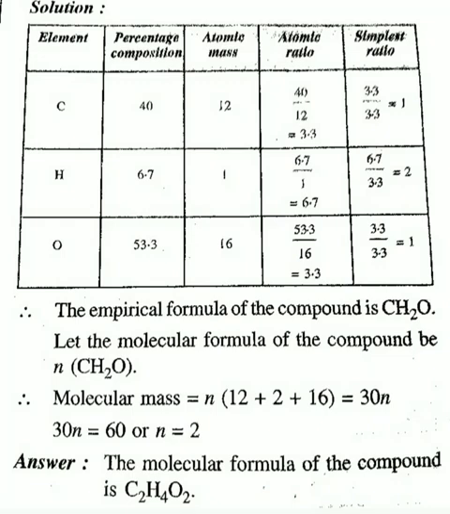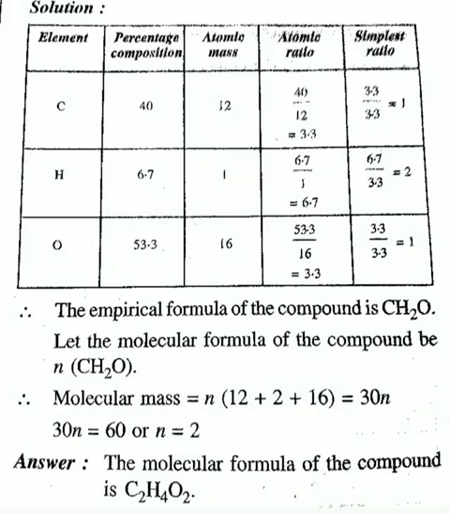So here you have to find the smallest number, and the smallest number is 3.3. Carbon 3.3 and oxygen also 3.3. Then you have to divide each number by 3.3. So 3.3 divided by 3.3 equals 1, and 6.7 divided by 3.3 equals 2, and 3.3 by 3.3 equals 1.